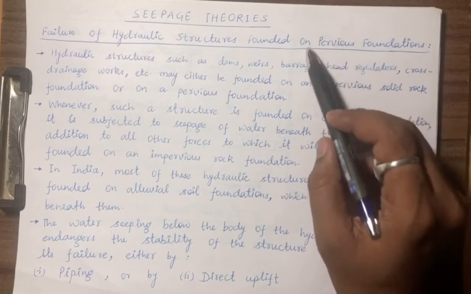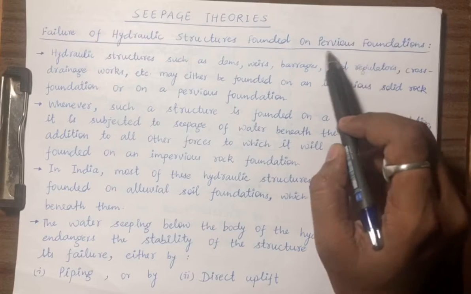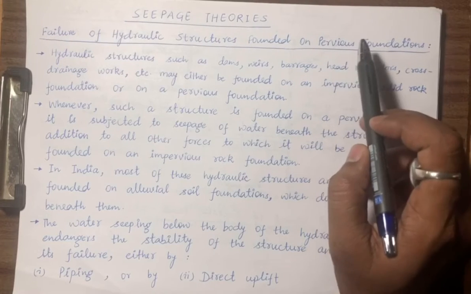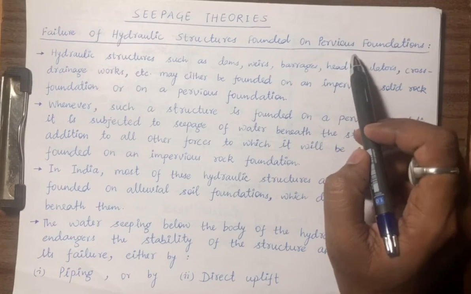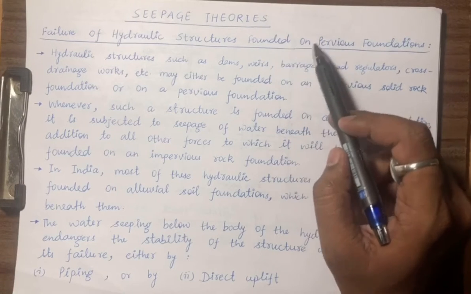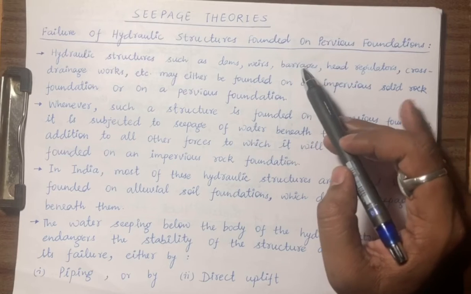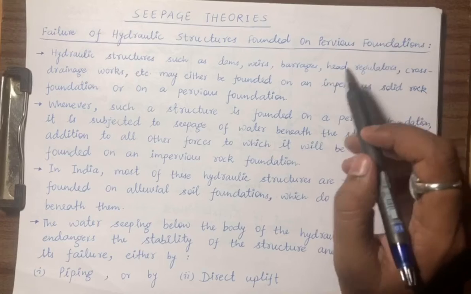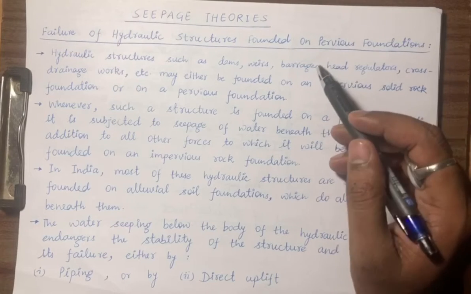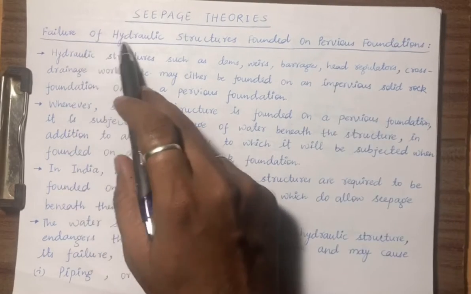Why pervious foundation? Because if the foundation is impervious, impervious means there is no possibility of flowing of water. So if no water is there, no seepage is occurring, so there is no problem of seepage. But in pervious foundations, water is able to flow, so seepage will occur. So that's why we are seeing the failure of hydraulic structure.